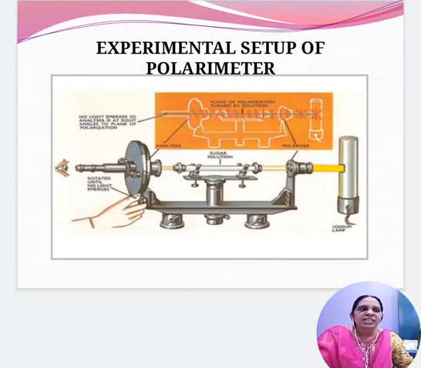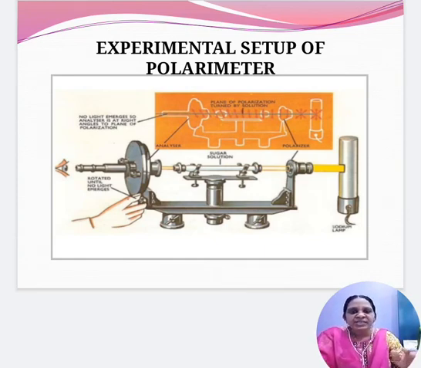So this is the experimental setup of a polarimeter. You have your sodium lamp here on the right side. The sodium lamp emits unpolarized light. When it falls on the polarizer, as shown in the figure, the polarizer changes the unpolarized light into polarized light.